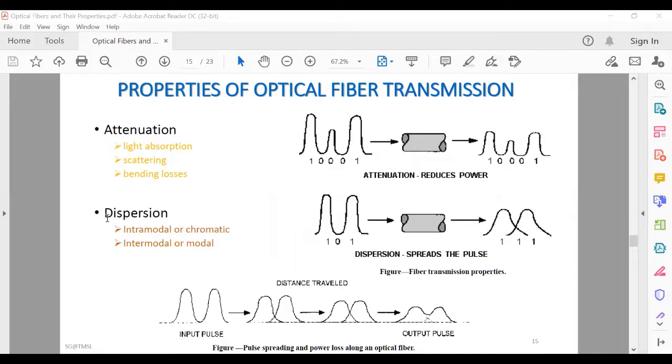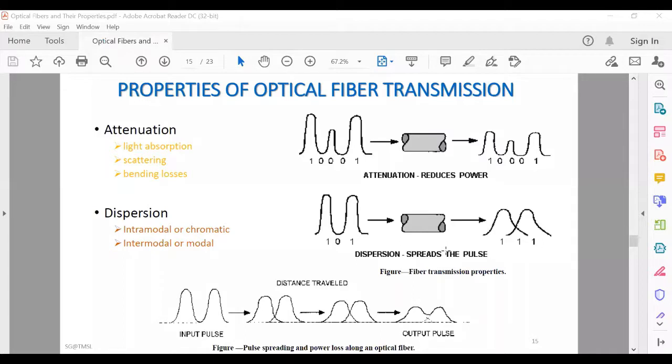Now, in case of dispersion, it spreads the optical pulse as it travels through the fiber. This spreading of the signal pulse reduces the system bandwidth, or the information carrying capacity of that fiber, and it limits how fast information is transferred.